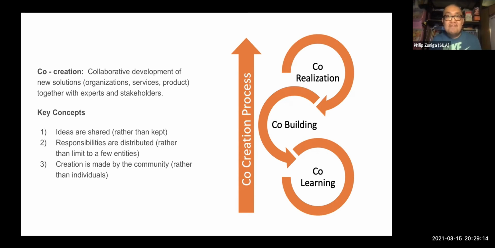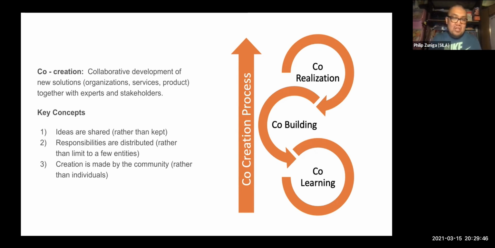We share our responsibilities, providing support and technical assistance to ensure that the setting up of the lab will be successful. And number 3, and this is what I like about AeHIN, creation is made by the community. There's always a communal way of doing things. Rather than individuals setting up the lab, there's always a community that will help the individuals set up the lab.